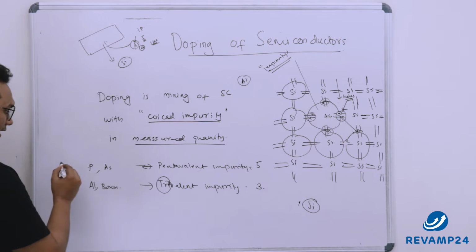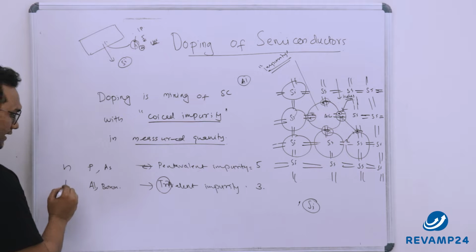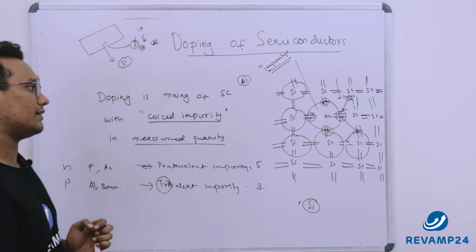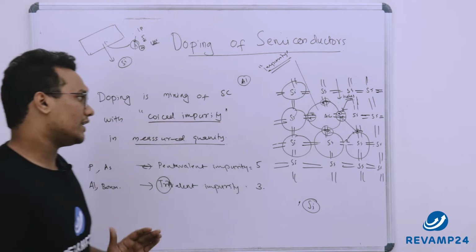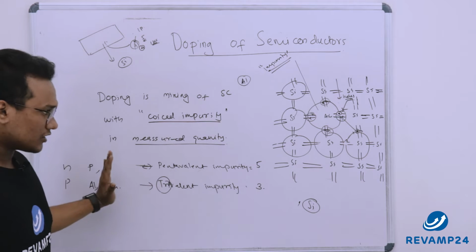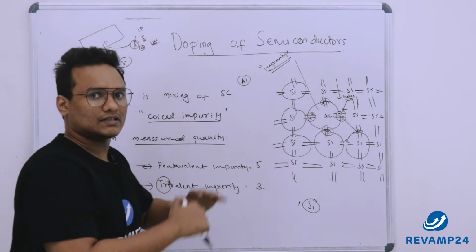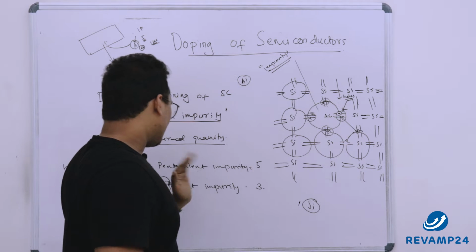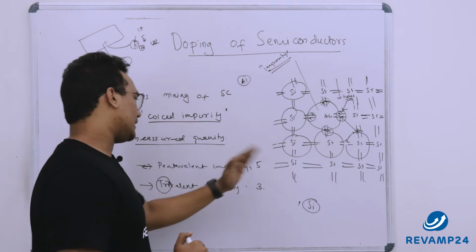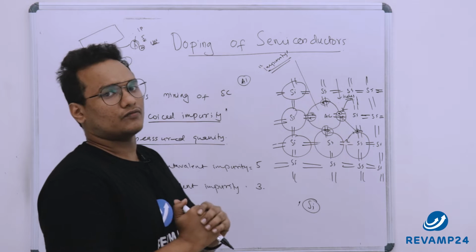These are called N-type semiconductor and P-type semiconductor. I will explain in detail in the next video. But anyway, here also the net charge of the semiconductor crystal, whether it is added by pentavalent impurity or trivalent impurity, would be 0.